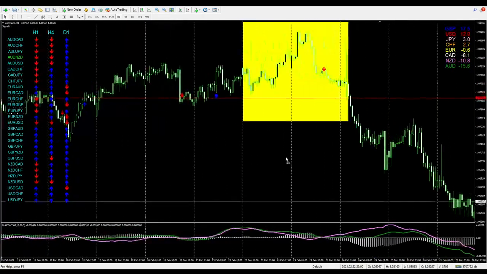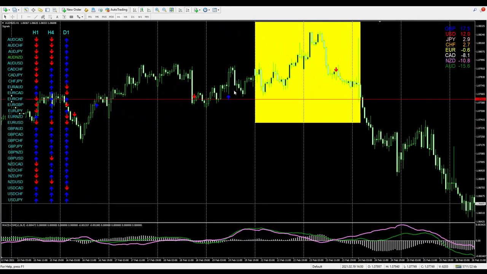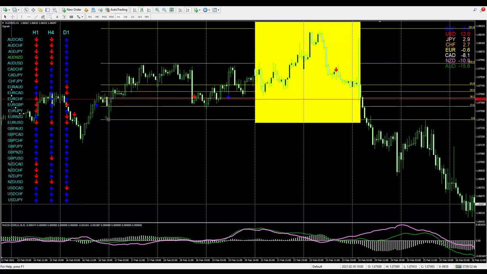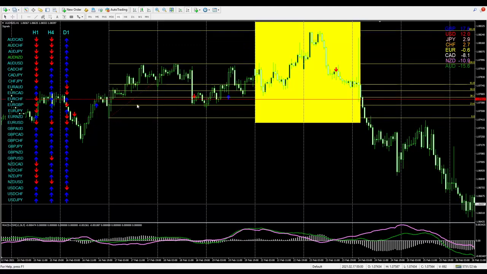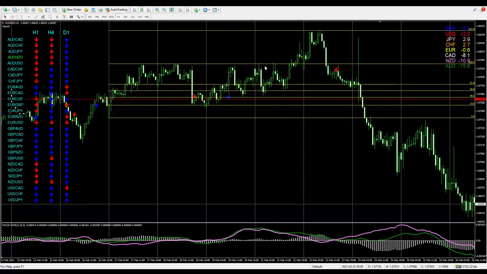Last Friday, February 19, there was still a buy signal here. So if you had a buy signal during this time, the Fibonacci level would be like this. So if you had it last week on Friday, you would have entered a buy signal on Monday.